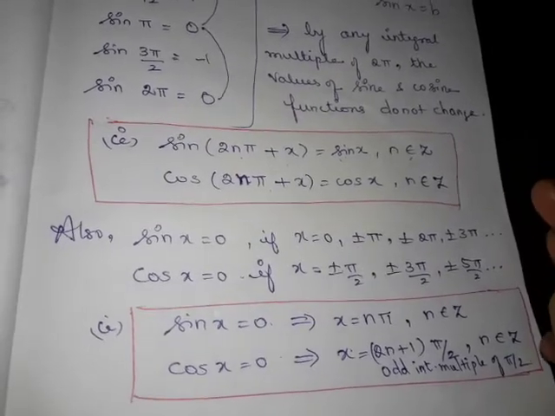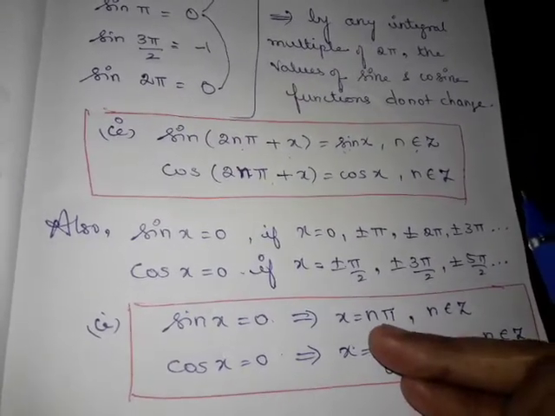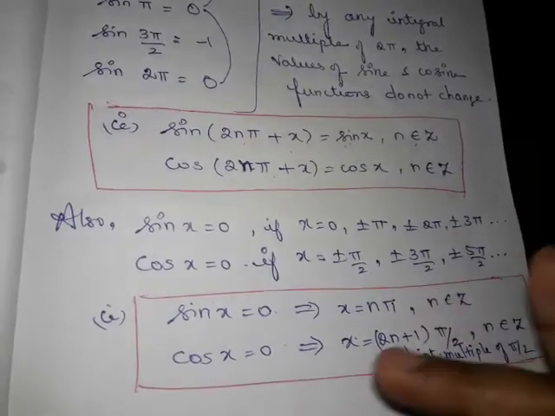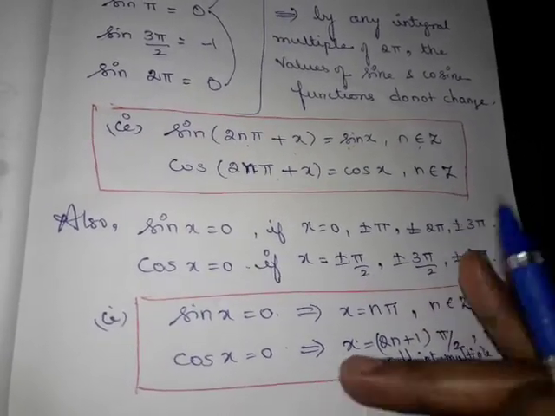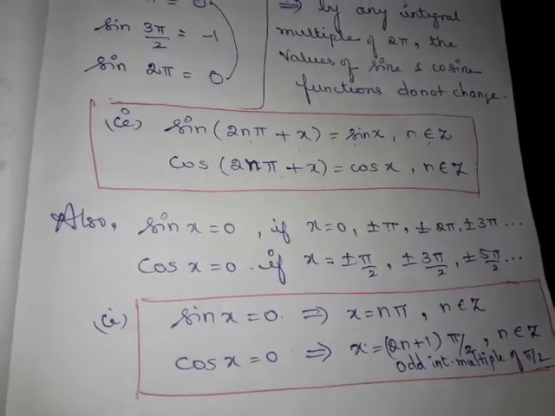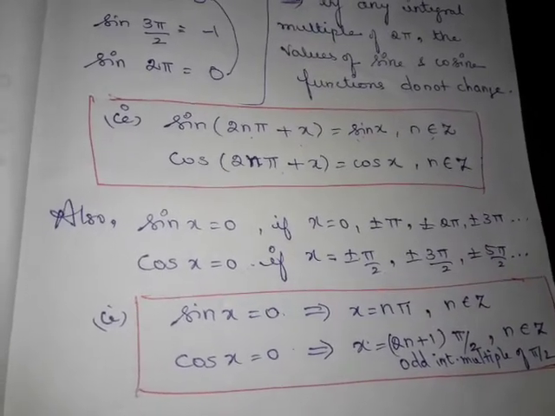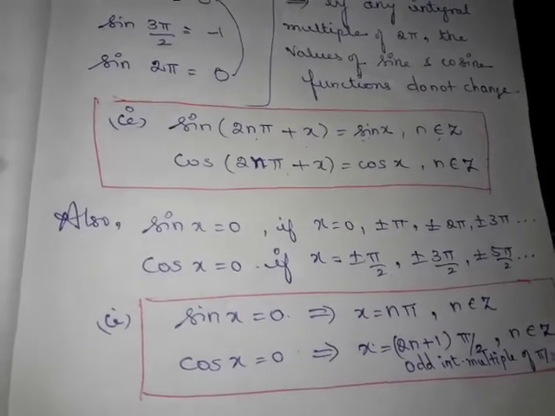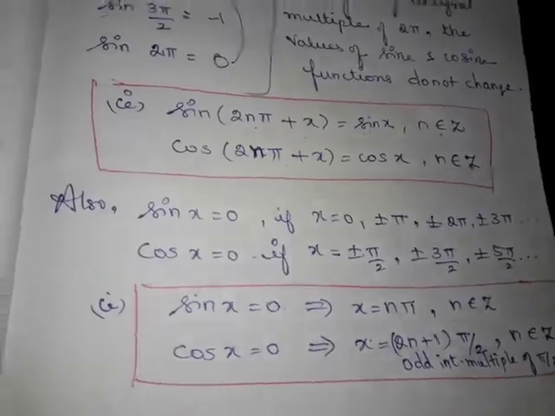The second one is, the sine value becomes 0 during integral multiples of pi, and the cosine value will become 0 during odd integral multiples of pi by 2. So these are the three things which we learned so far and which you should remember, right?